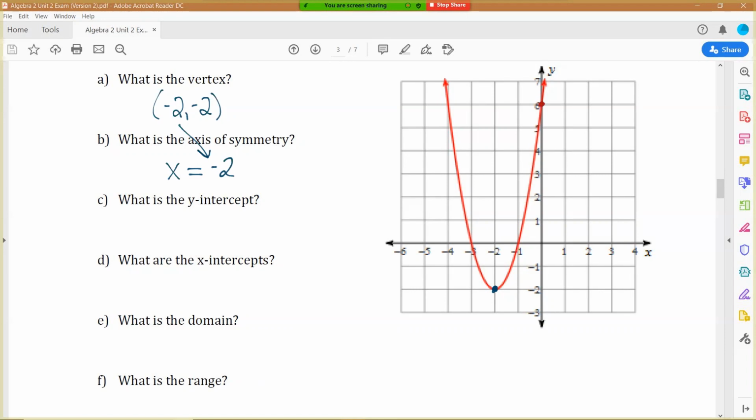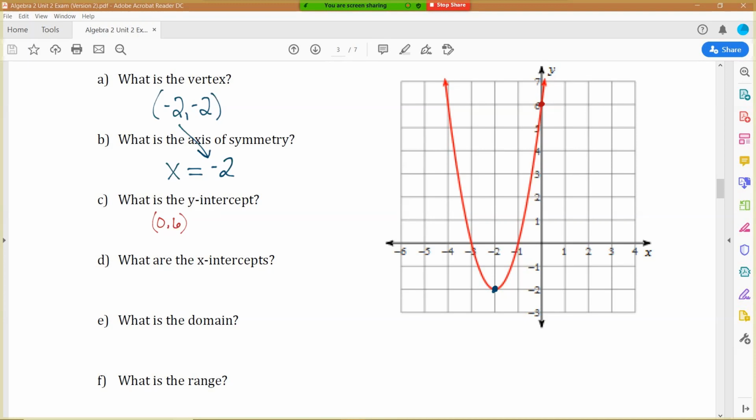That is 0, 6. So another ordered pair, 0, 6. Technically, you could tell me that y equals 6, and that would be okay because that would be your y-intercept. Is that what you had? That's okay. I saw you erasing, so I assume that's what you did.